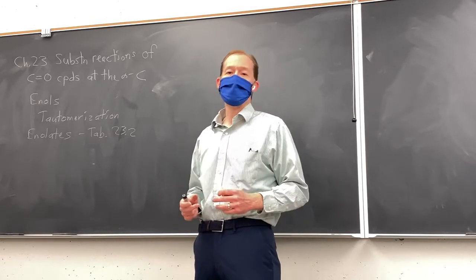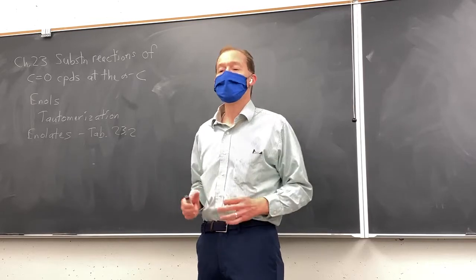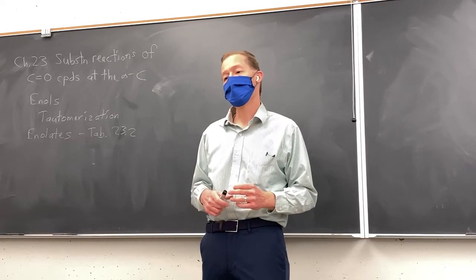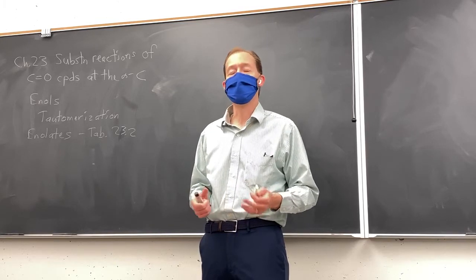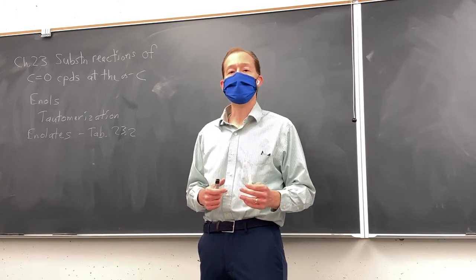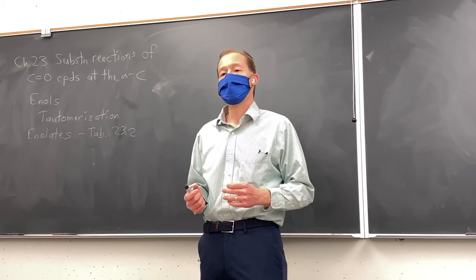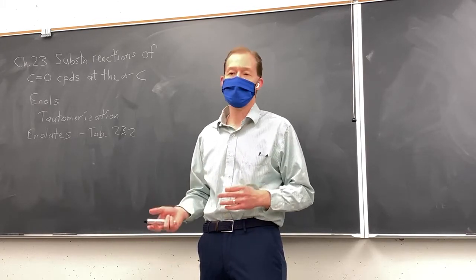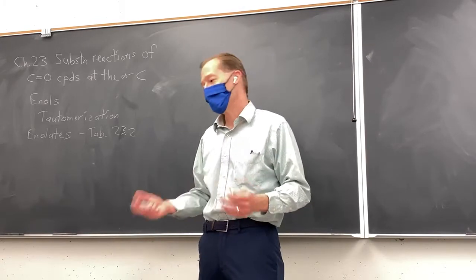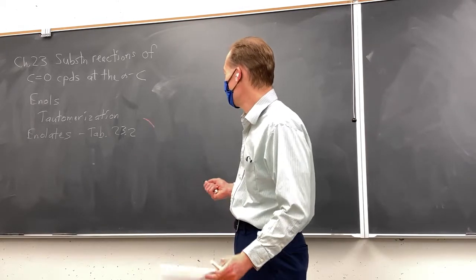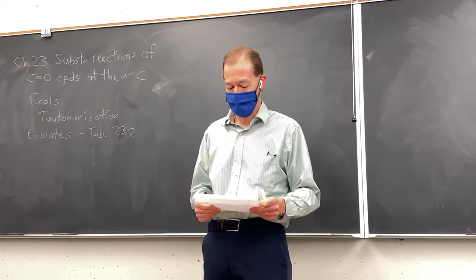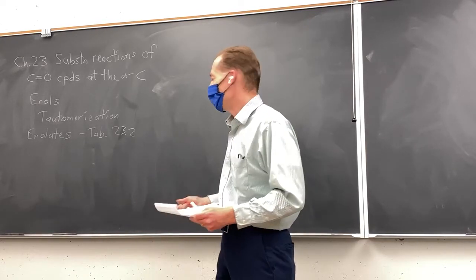And so that table is a good place to review that information and not to memorize the numbers in the tables, but to make sure you understand the orders, to understand why a ketone is more acidic than an ester, why an aldehyde is more acidic than a ketone, and so forth. So if you can look in that table and you can understand the relative positions of those carbonyl compounds in the table, then you'll be in good shape.